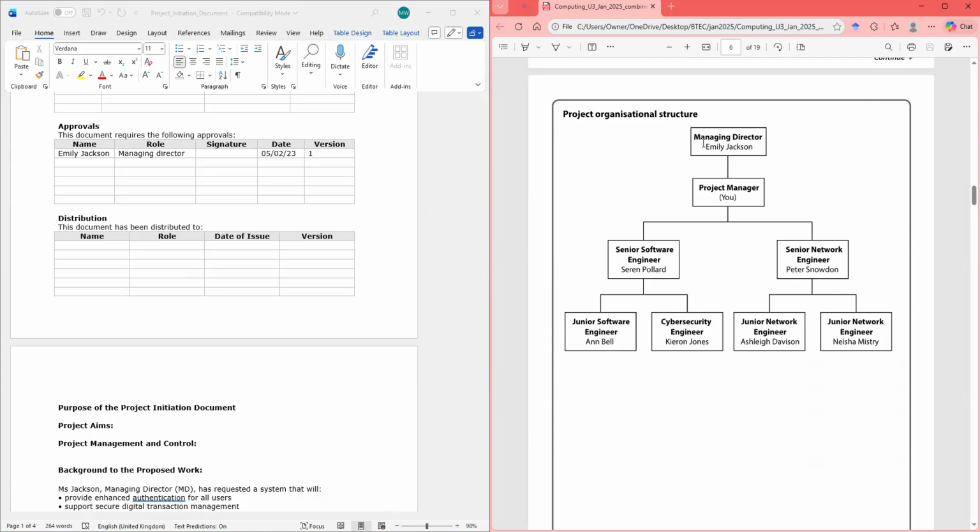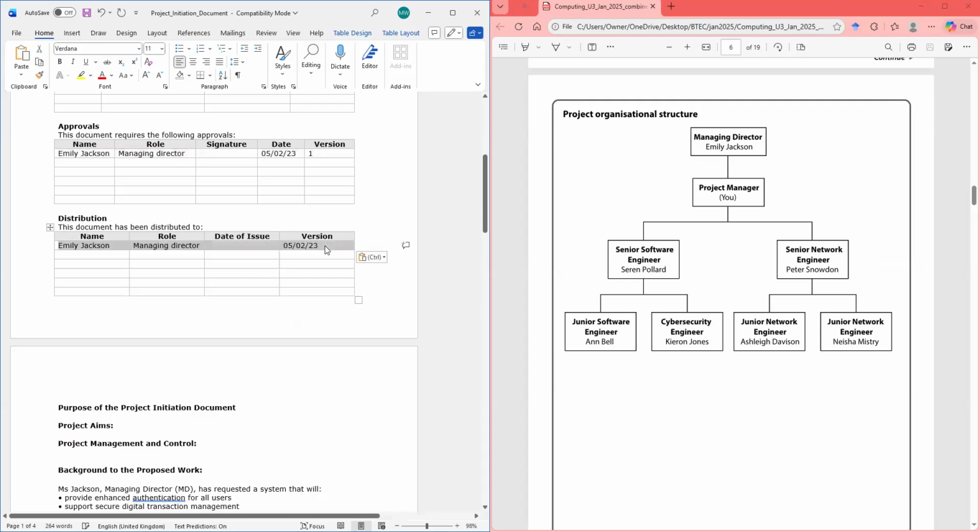So the first person I'll put on it would be Emily. Let's just do this. On the date of issue, hold on, let's get rid of this. Let's put a 1 there. Date of issue, I'm going to use the same date. All right.